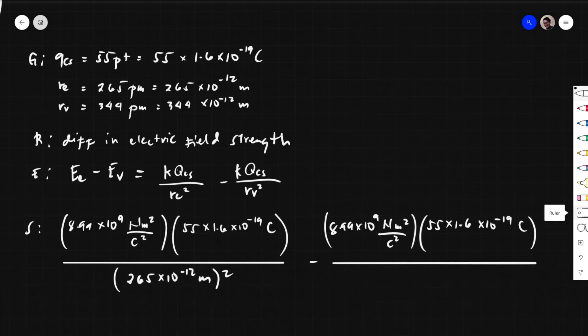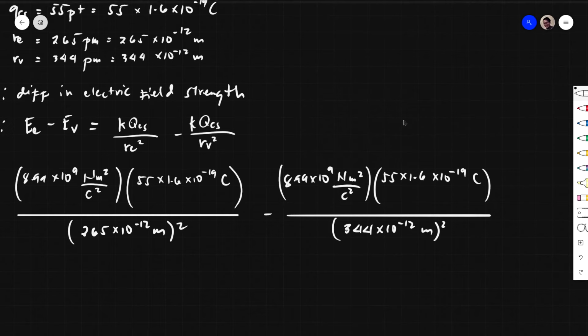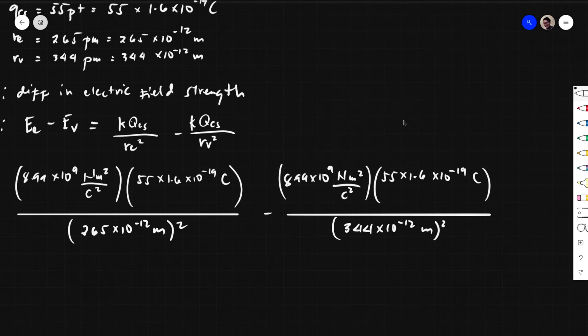Divided by 344 times 10 raised to negative 12 meters to be squared. There. So this will be equal to their difference, E_DIF. So let's name this as our E_DIF. So it will be defined like that.